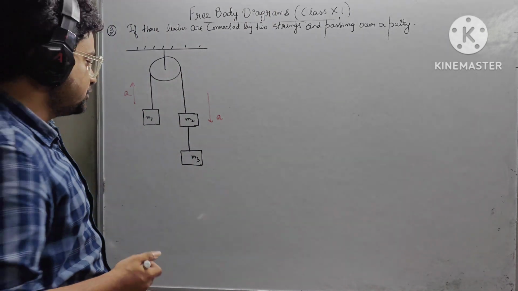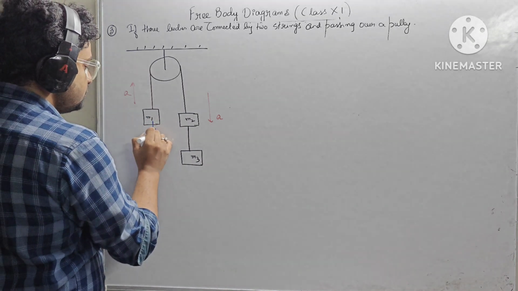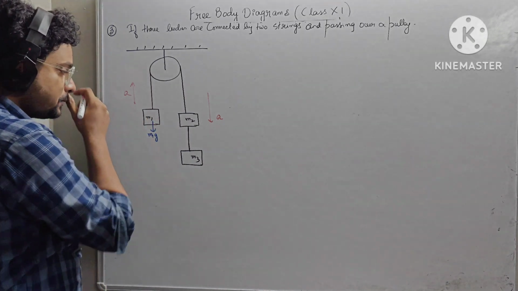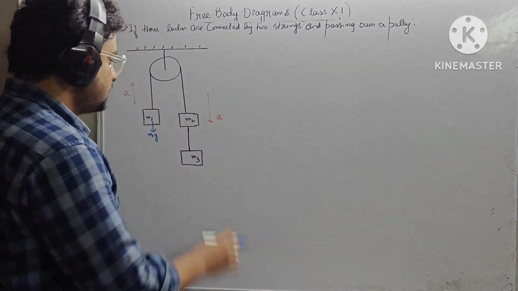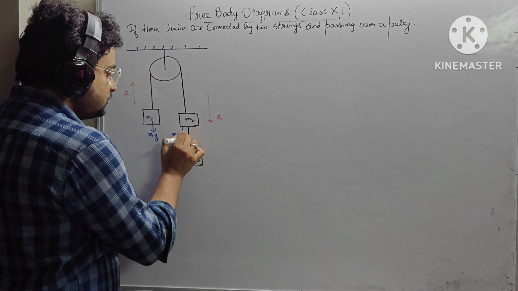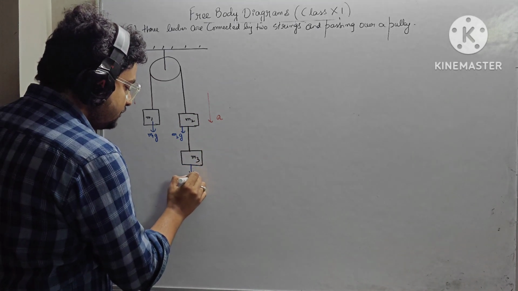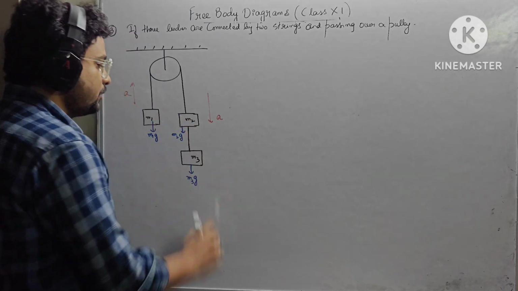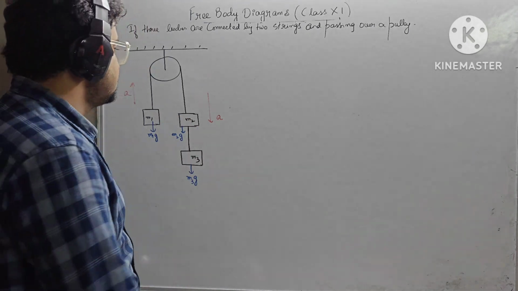First, let us mark the forces. This is going to be M1G. Over here, let us first mark the weights. These two will be M2G and this one will be M3G. Okay. Now the tensions.